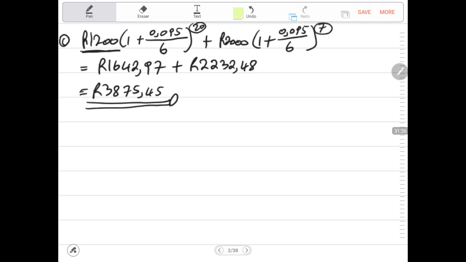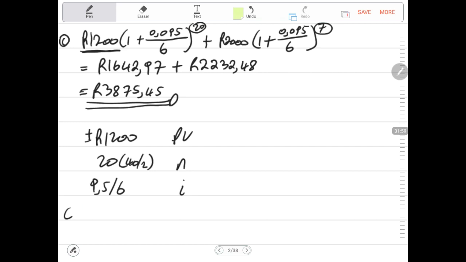Then you put your interest as usual, then you add the two future values. Then you have your plus minus 1,200 PV. You have your N, you have your interest as 9.5 divided by 6. Then your N will be 20, which is 40 divided by 2. Then you compute future value.